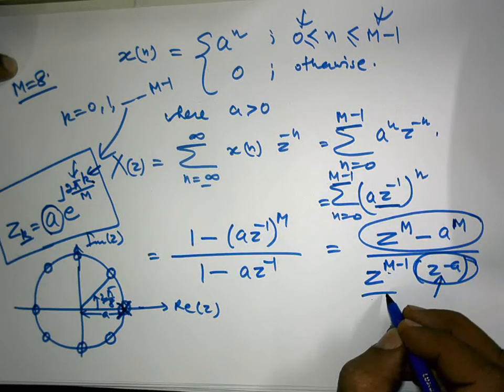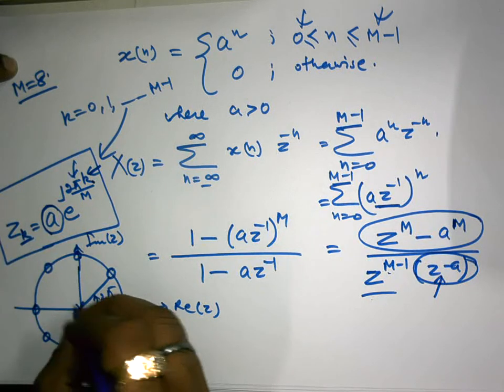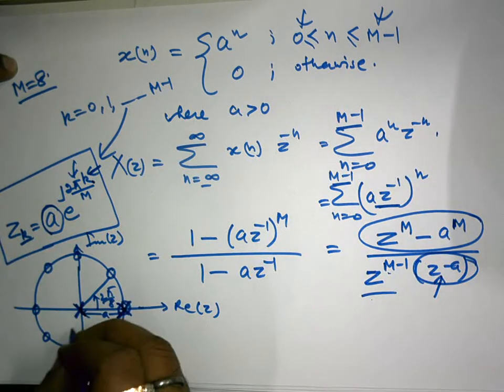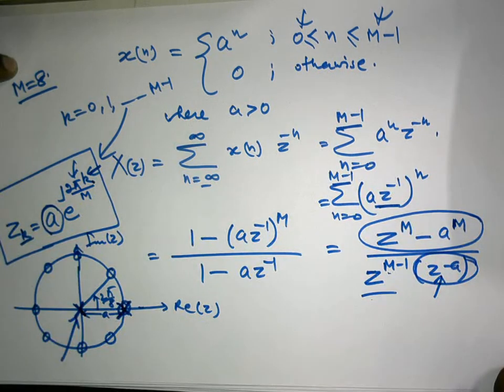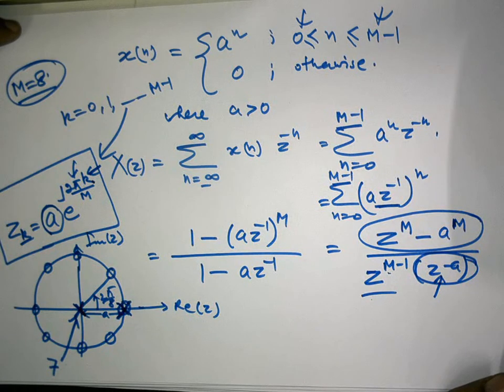M minus 1 poles occur at the origin. So, in total, if I say that M is equal to 8, there are 7 poles occurring at the origin. Okay.